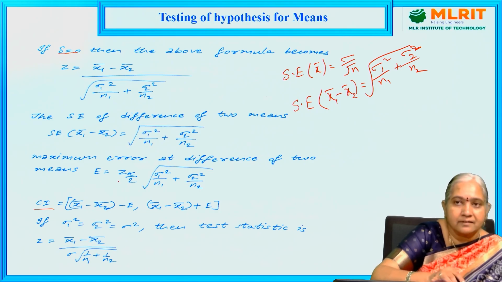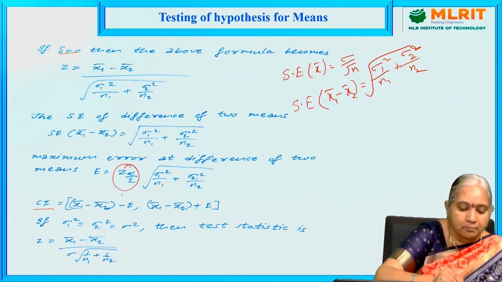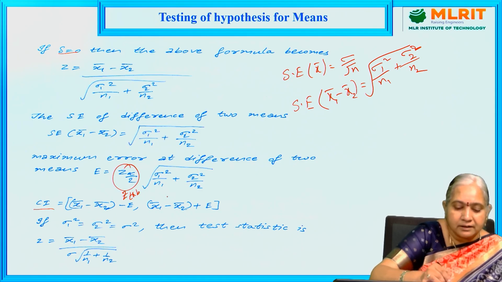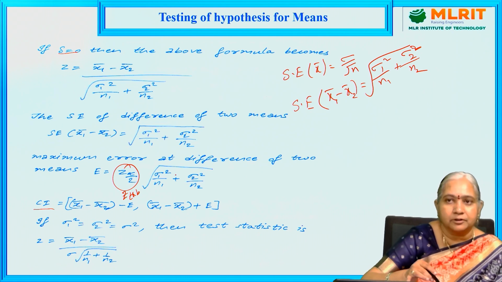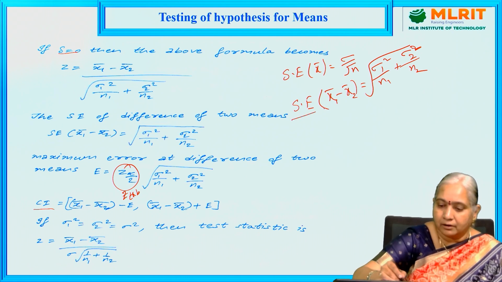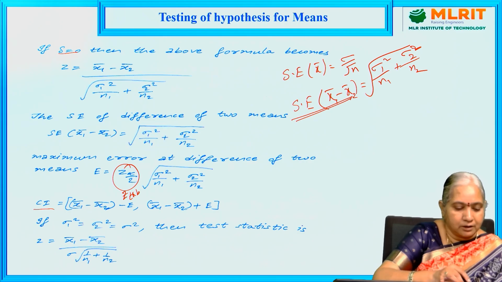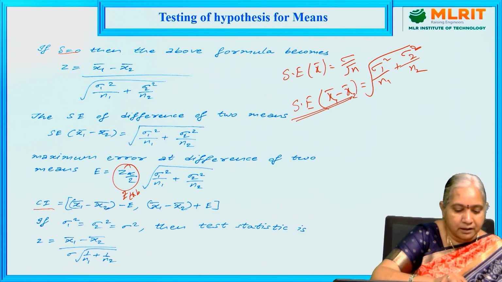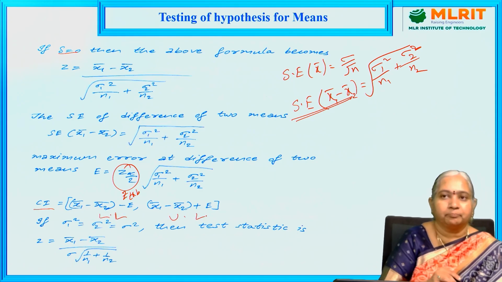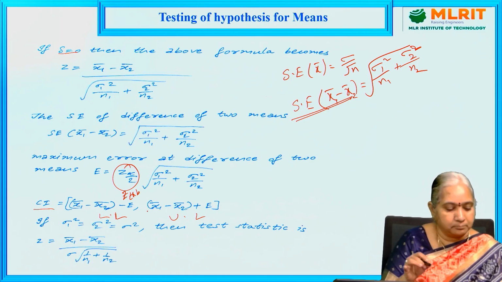Maximum error is defined as Z alpha by 2, the tabular value of Z, into the standard error of the difference of means. So x1 bar minus x2 bar minus E is the lower limit and x1 bar minus x2 bar plus E is the upper limit. In this interval, the population mean lies.